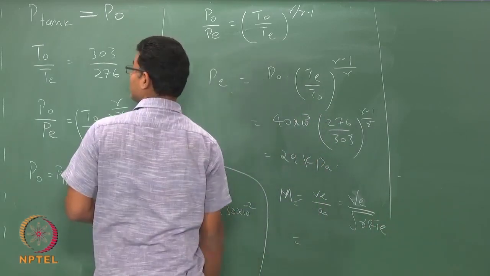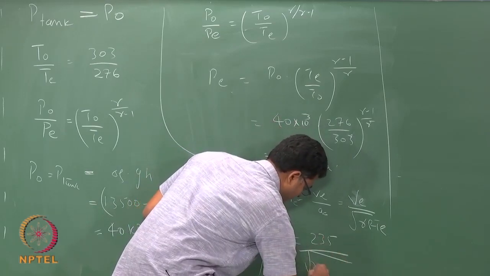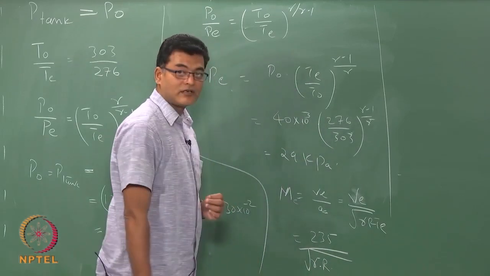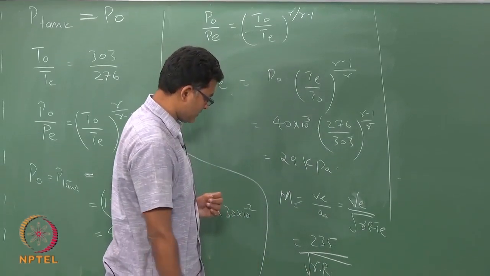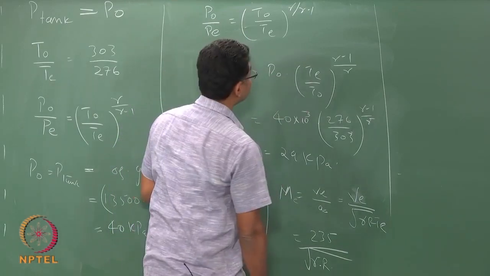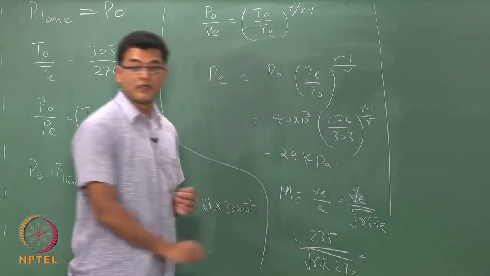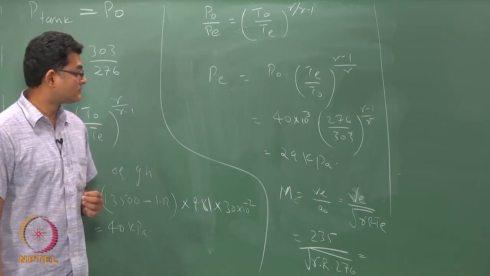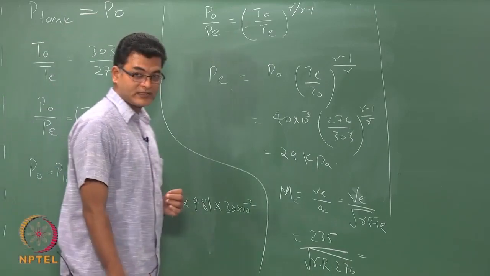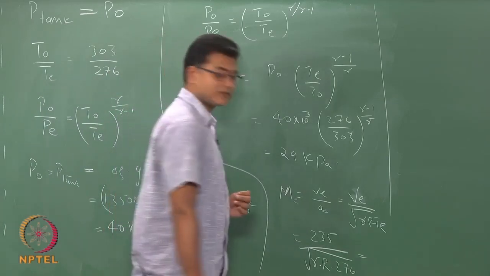V exit is given, 235, divided by root of gamma R. So, gamma of air and R of air is something which you should remember, and T exit is 276. So, the Mach number at the exit would be 0.7.